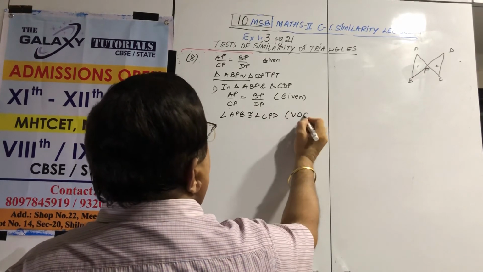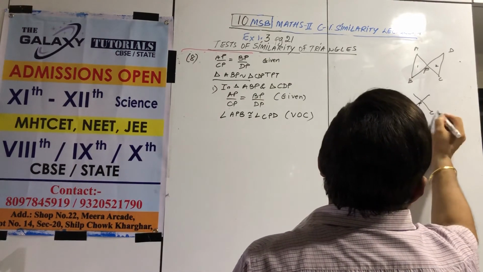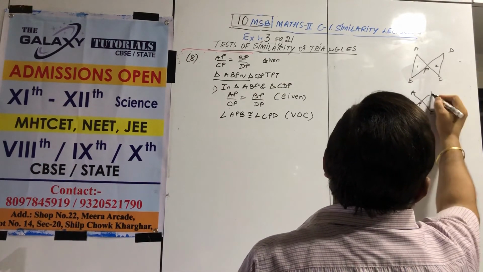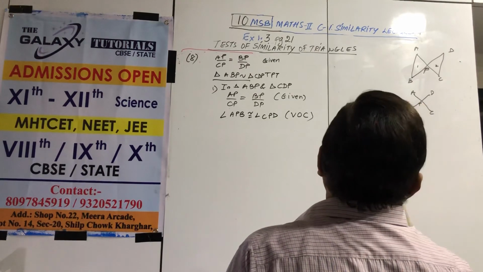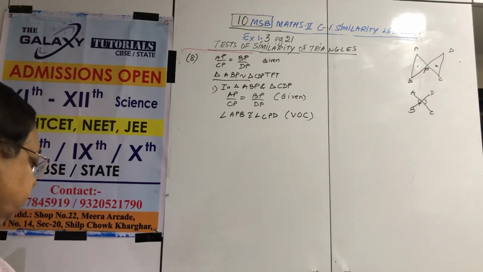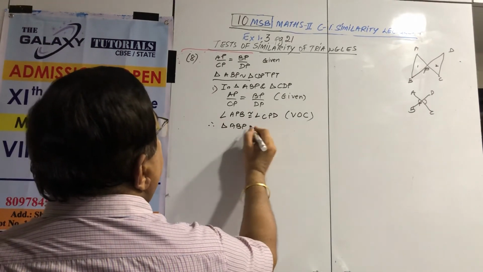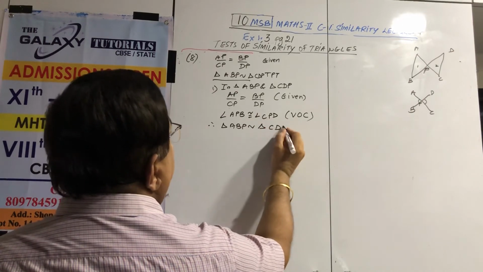Why? Vertically opposite angles. Angles in an X are, you can see, congruent. Vertically opposite angles. Therefore, triangle ABP is similar to triangle CDP.